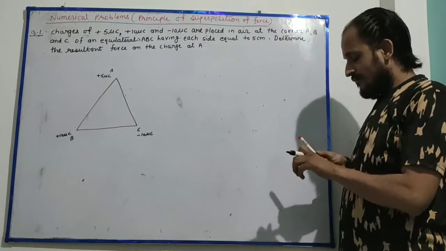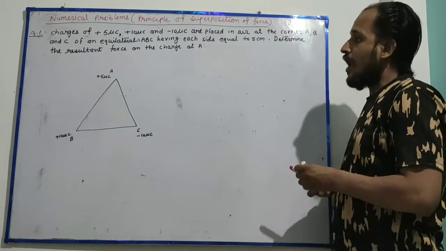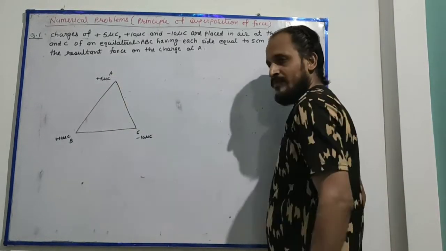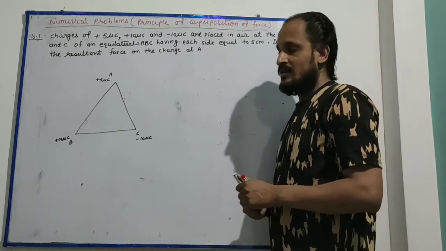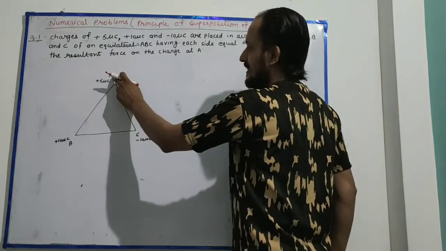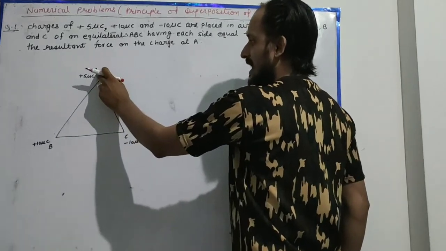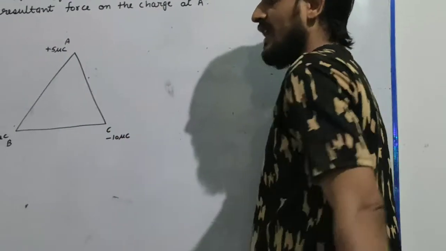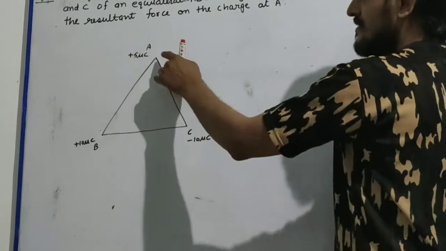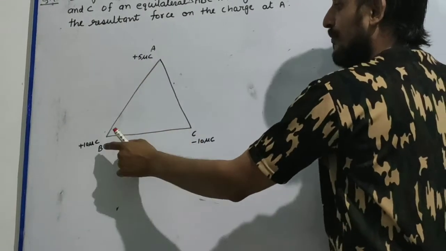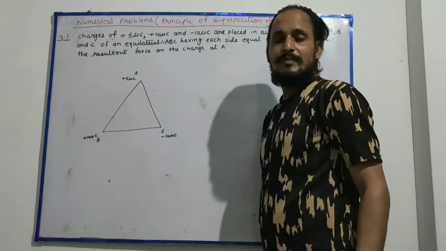First of all, we have to think how many forces are exerting on charge A. There are two forces: force on charge A due to B, and force on charge A due to C. Force on charge A due to B is attractive or repulsive?